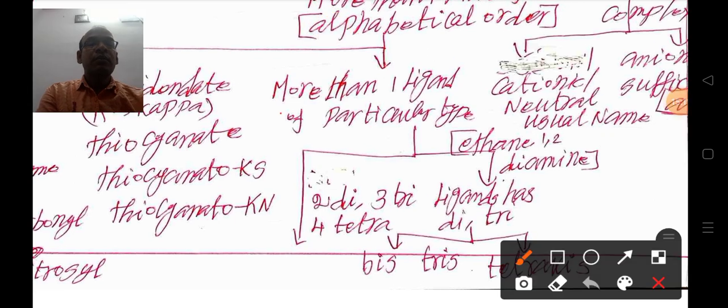More than one ligand of a particular type is denoted by di, tri, tetra, penta, hexa.